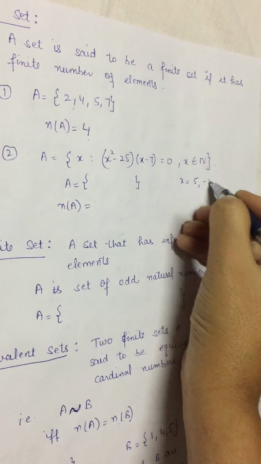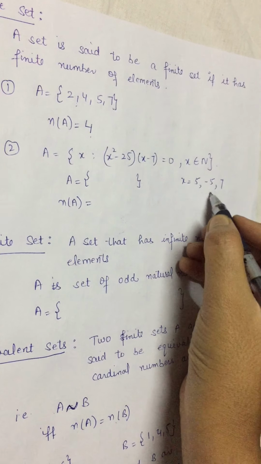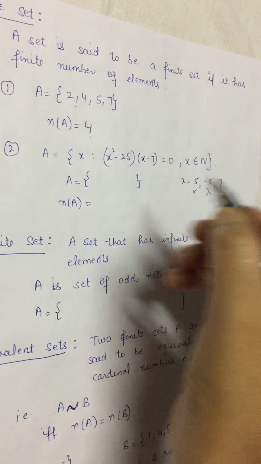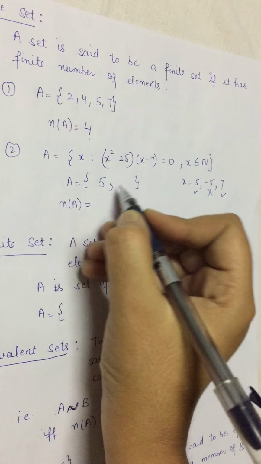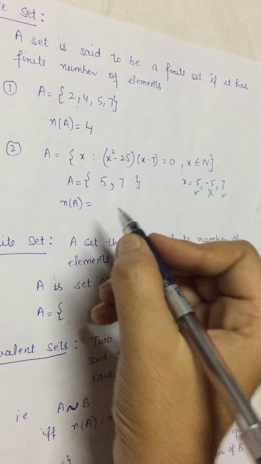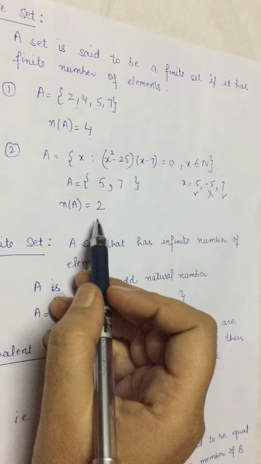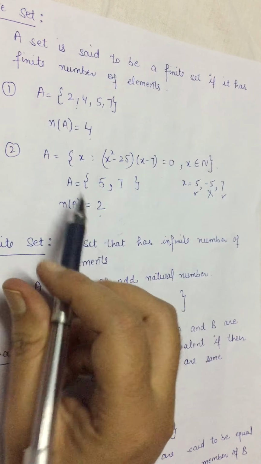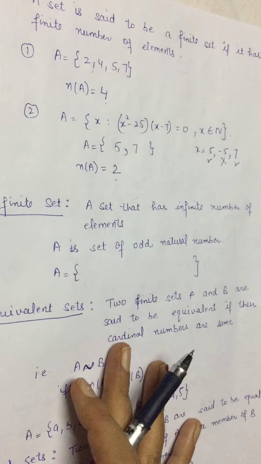The next condition is that x should be a natural number. So -5 is not a natural number, only 5 and 7 are natural numbers. So in A we will include 5 and 7. We have just two elements, 5 and 7. So the number of elements in A is 2. That 2 is a finite value, so A is a finite set.